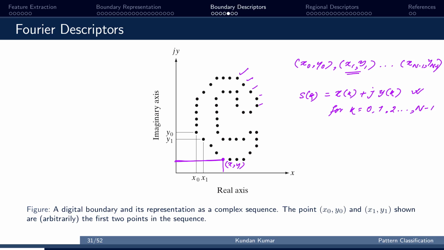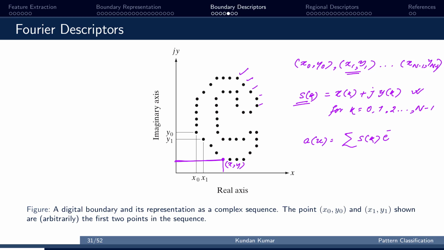Then we can take the discrete Fourier transform of sk. We can compute a u of this complex number.